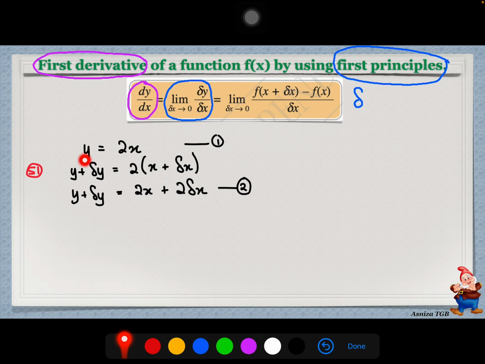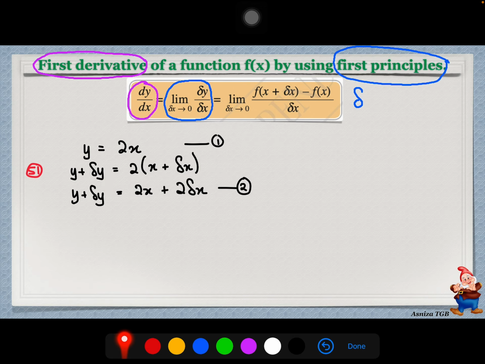The value of y changes to y plus delta y and the value of x changes to x plus delta x, and the constant 2 remains. This is the first step, where we find a new relation for the changes in x and y.